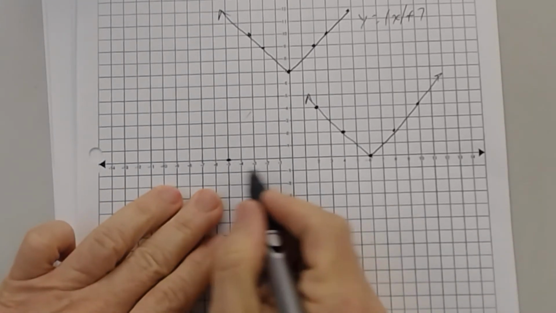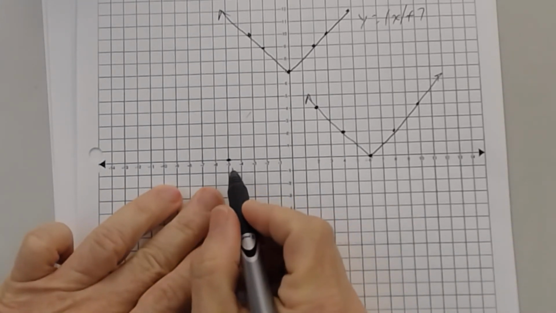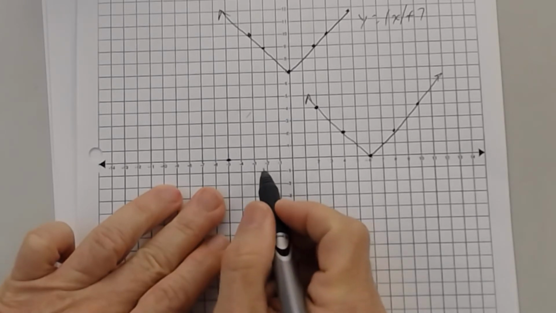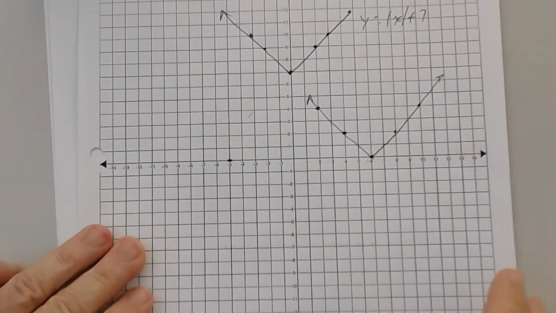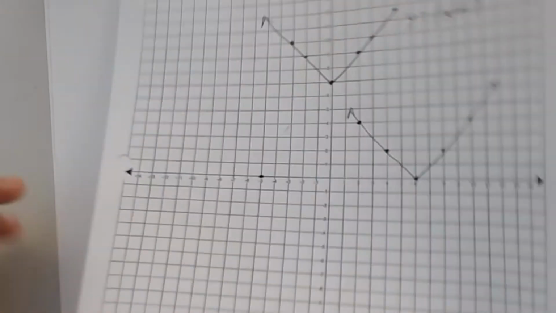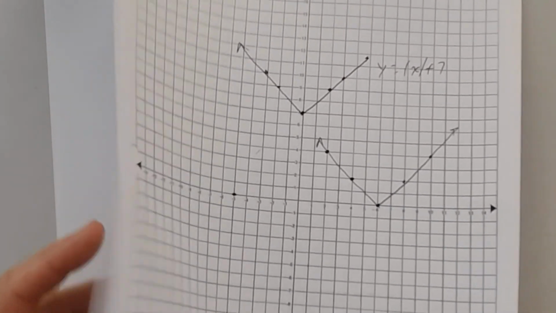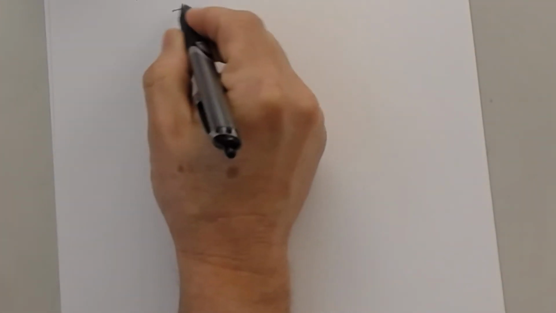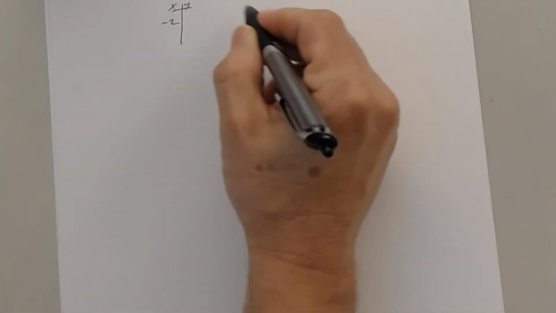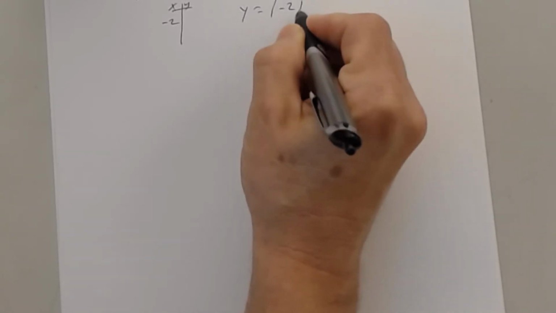Okay, so give me a point to the right of -5. -2. All right, if x is -2, I get y equals the absolute value of -2 plus 5.